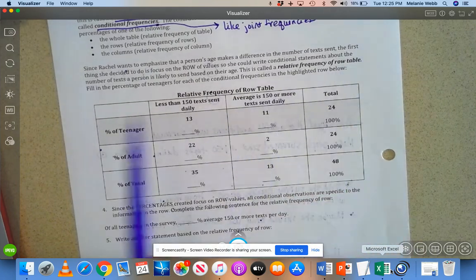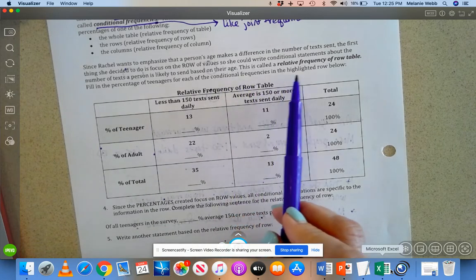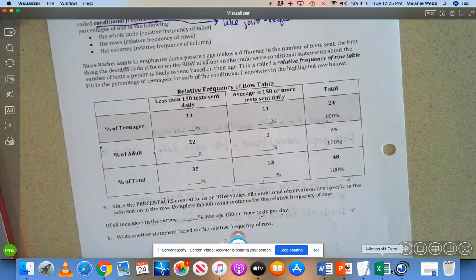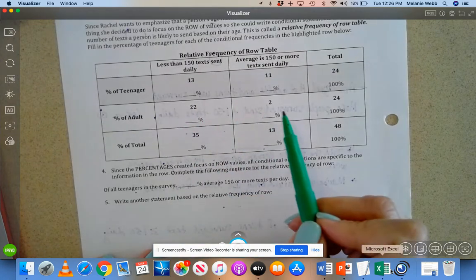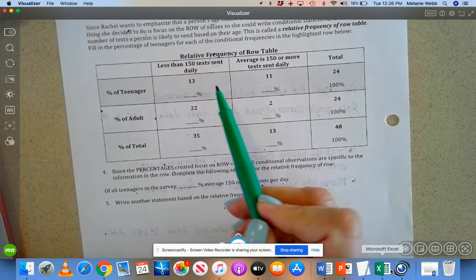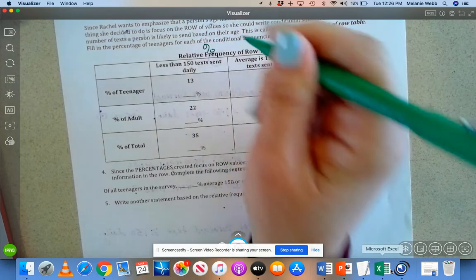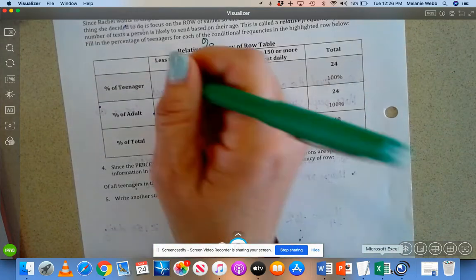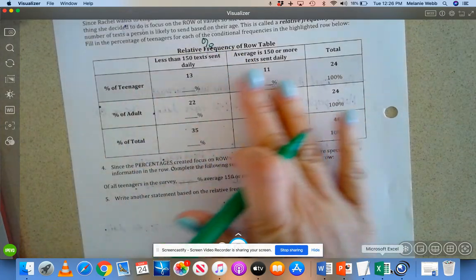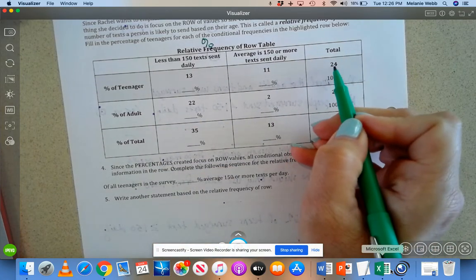Fill in the percentage of teenagers for each of the conditional frequencies in the highlighted row below. So this is the same data that she showed in the frequency table, but now we're going to fill it in as a relative frequency table. So we need percents. If I'm just considering the row, then I'm looking at this as sort of the total in each row.